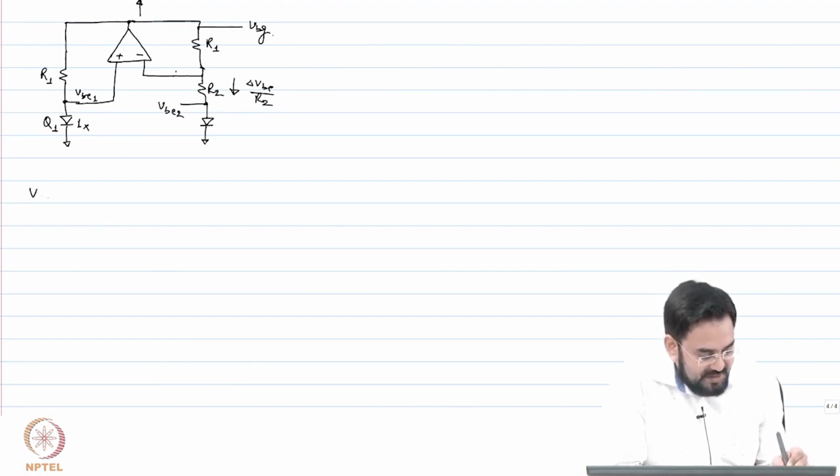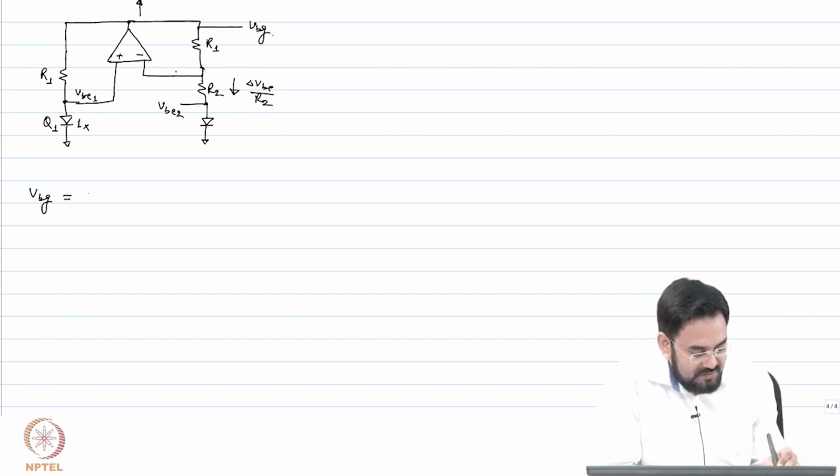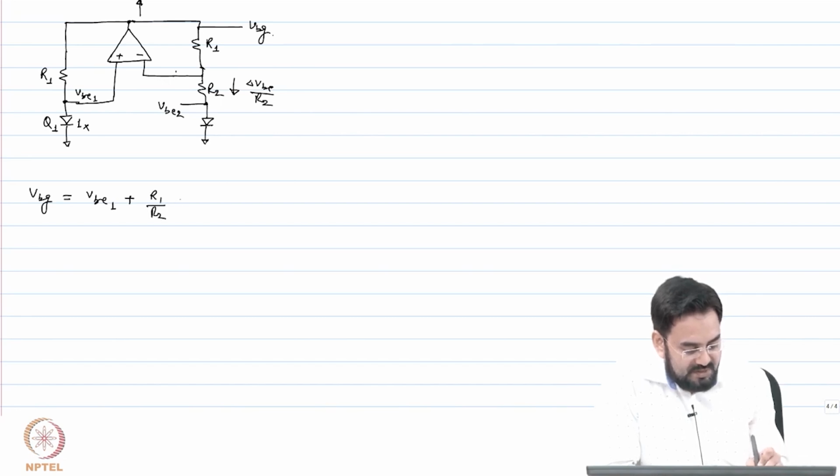So, what will be your output voltage? VBG equal to VB1 plus R1 by R2, delta VB is what? Correct.